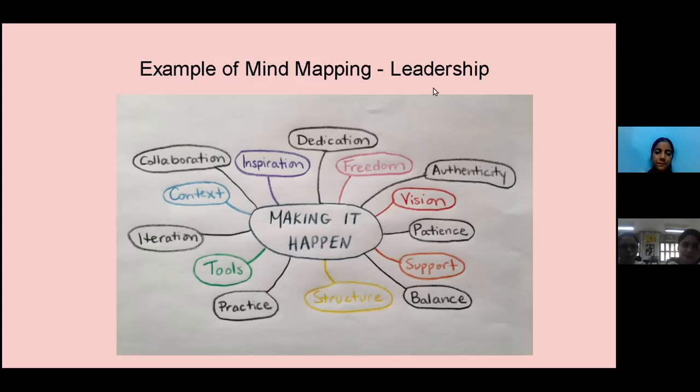Okay, so here if you see, this is leadership. Now somebody was telling me about the brainstorming session. Leadership is a topic which everybody knows about. Everybody will have something to say about a leader, how your leader should be. If somebody is asking you what quality you think your leader should have, everybody will have some idea.